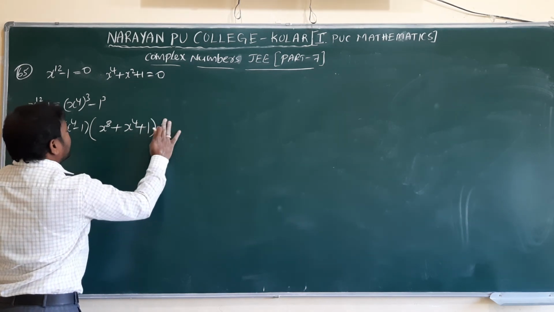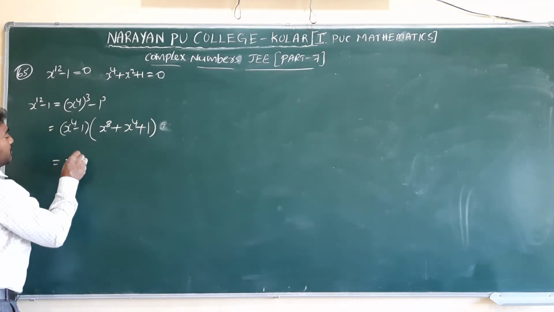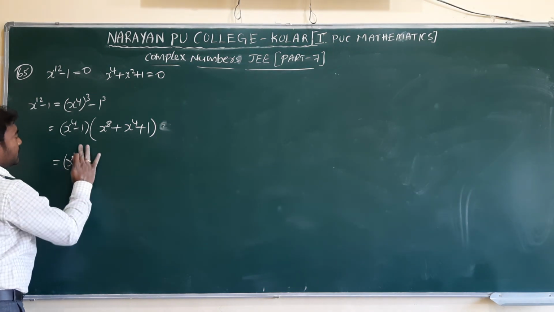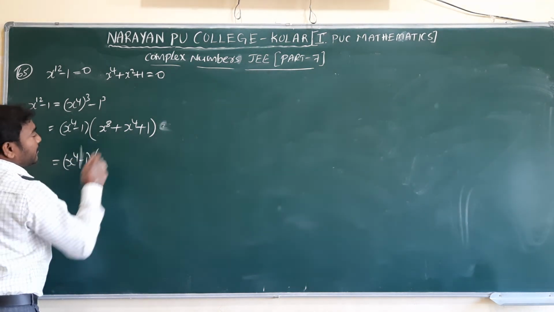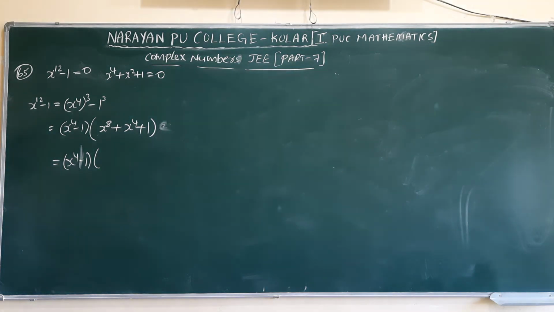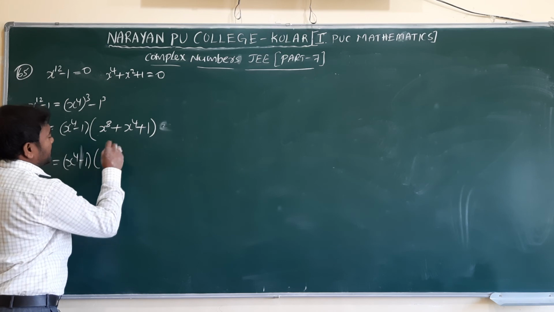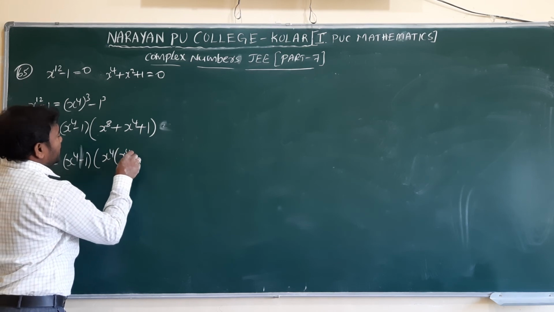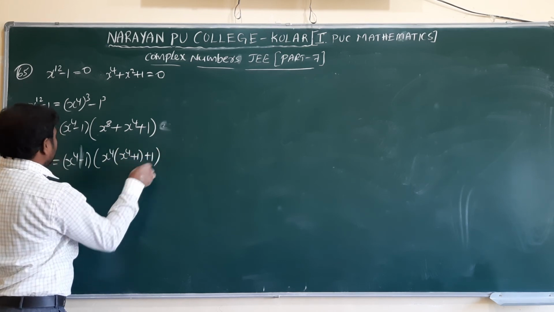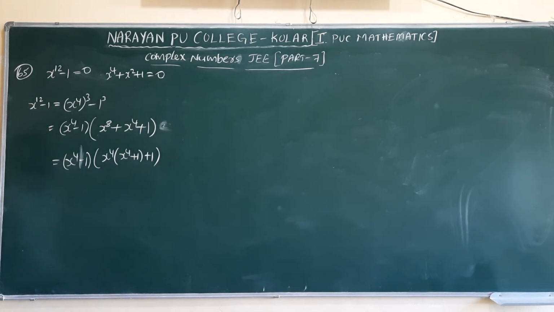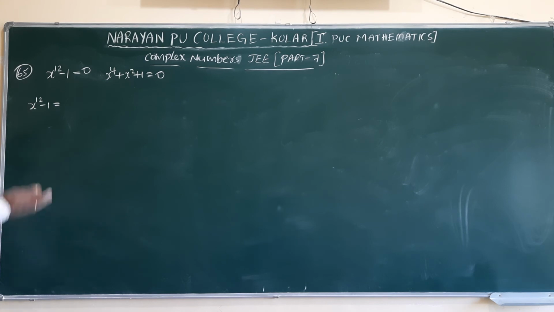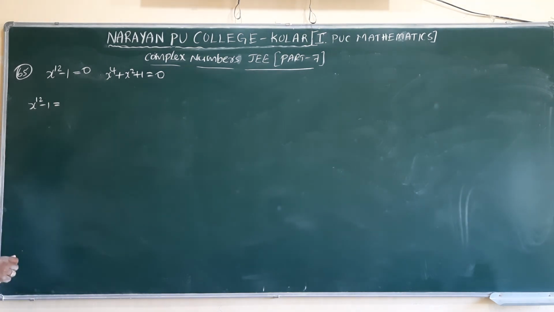So x power 4 minus 1, here I will take x power 4 common, meaning what we get? x power 4 plus 1 plus 1. Sorry, that method is very lengthy.